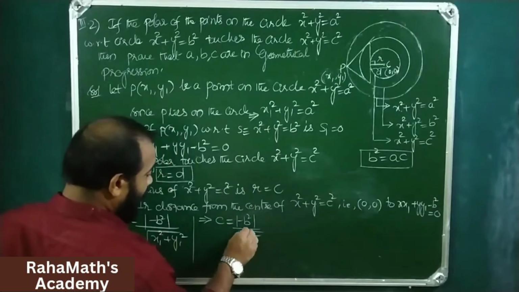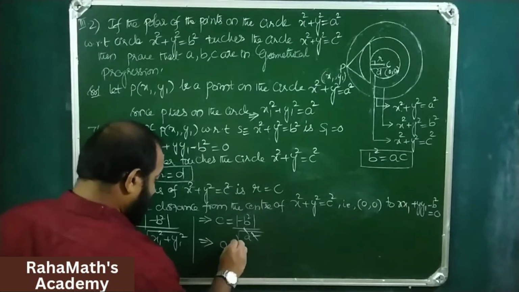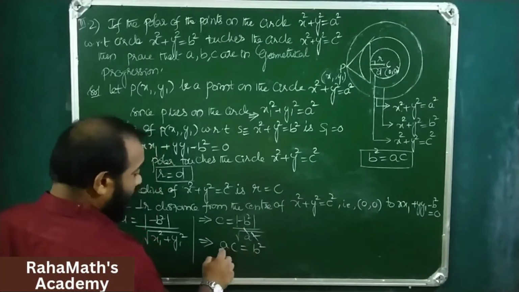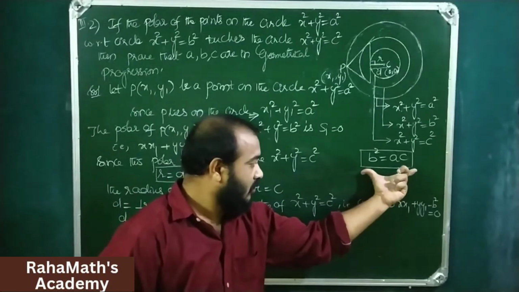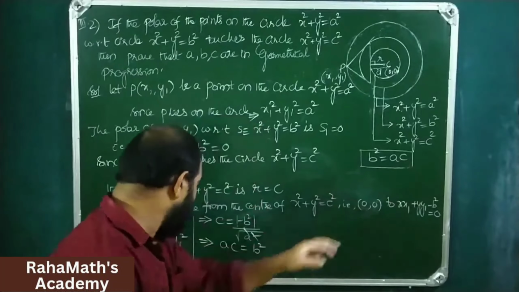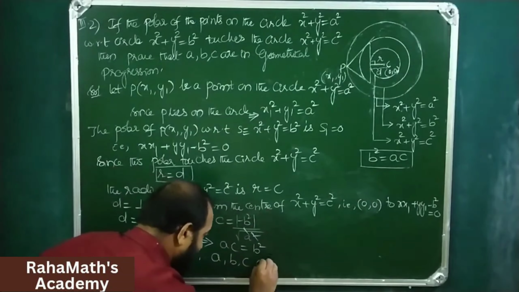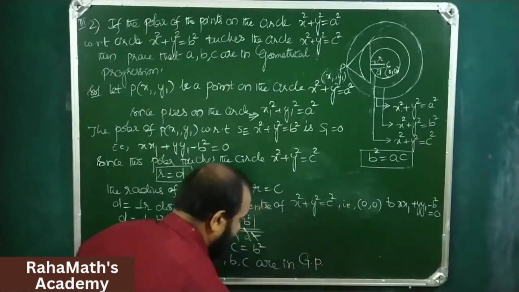The a cancels out. So a c equals minus b square, under modulus it is b square. So a c equals b square. This is the condition that we have to prove. If b square equals a c, therefore a, b, c are in GP, geometrical progression.